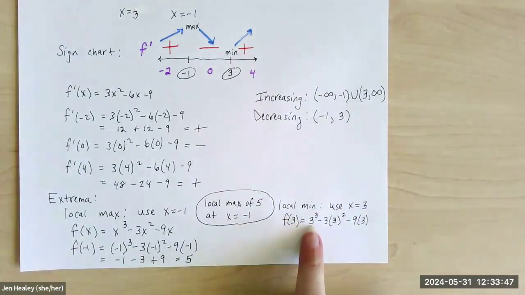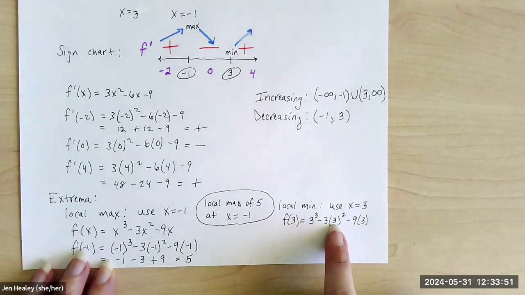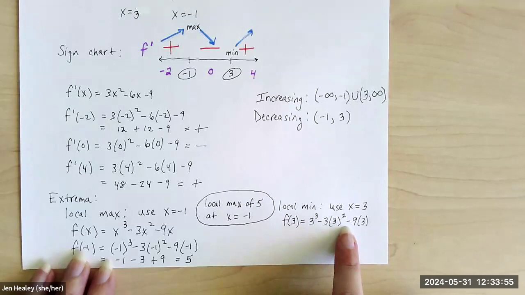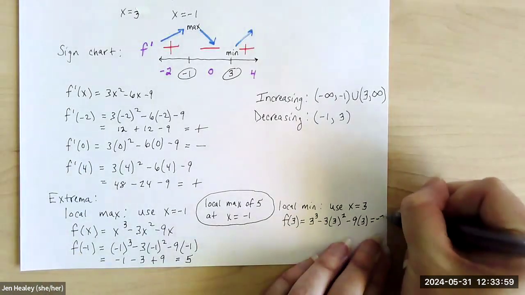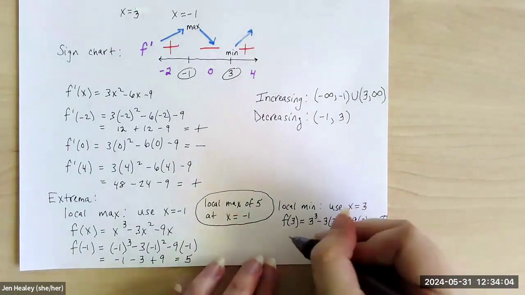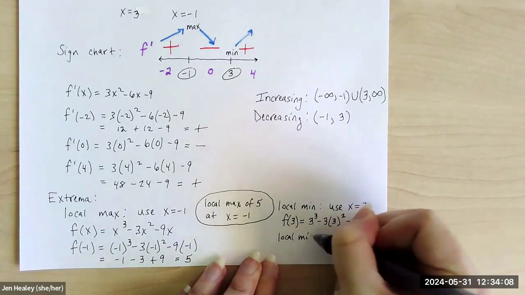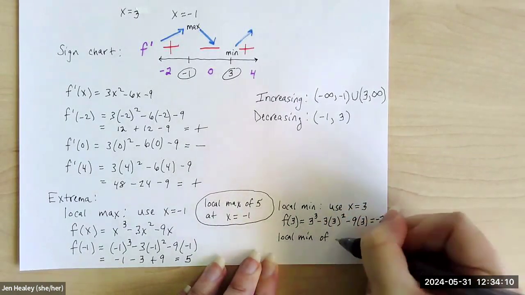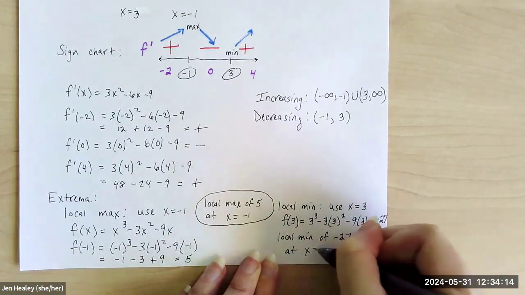And so right here, I have 3 cubed minus, and if I actually multiply those out, I have another 3 cubed. So 3 cubed minus 3 cubed would be 0, minus 9 times 3. So I get -27 out. So we have a local min of -27 at x equals 3.